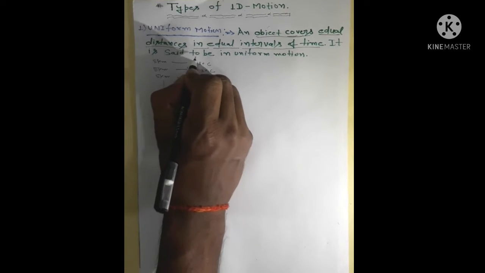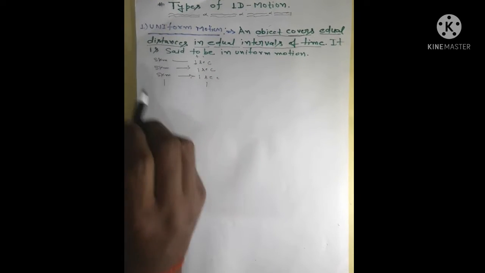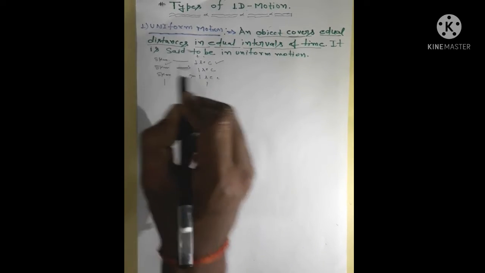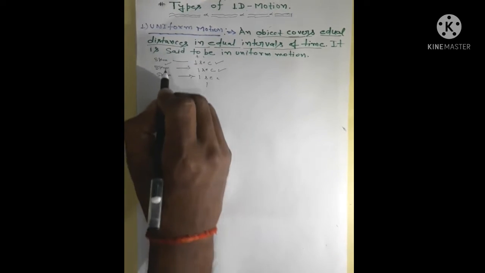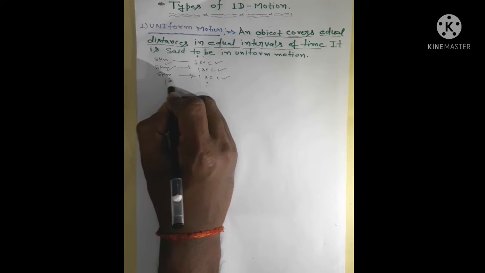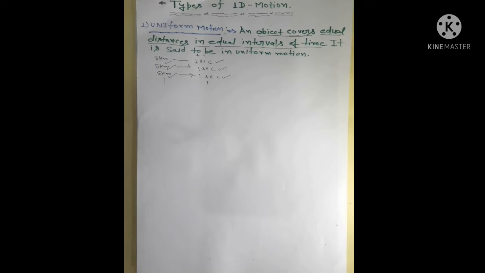This is the interval of time and this is the distance. In the first interval it covers 5 kilometers, in the second interval it also covers 5 kilometers, and in the third interval it also covers 5 kilometers, and so on. This type of motion is called uniform motion.